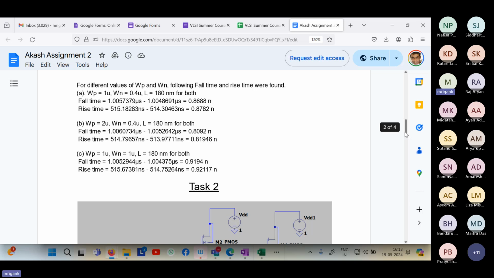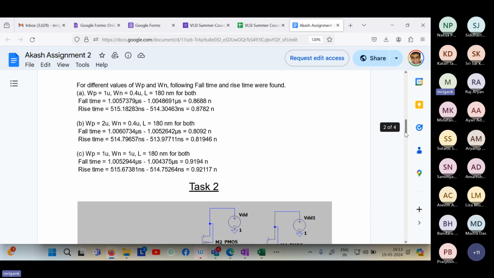So 0.1 volt to 0.9 volt, whatever the time it takes to transition, that will be the rise time. And likewise, on the opposite side, from 0.9 volt to 0.1 volt, the time it takes to transition will be the fall time. So you can place the markers in the same waveform at these 2 locations, and then it is clear how the rise time, fall time has been calculated.